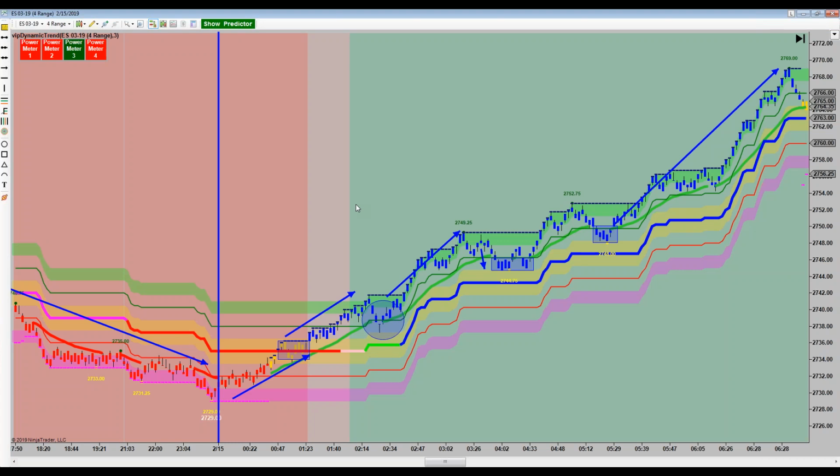Either it is or it isn't. Yes or no? 3 seconds. In the circle, does that meet our definition of minimum criteria for a long entry? Now you have 2 other examples to the right, so I'm kind of helping you out a little bit there. Just a yes or no.